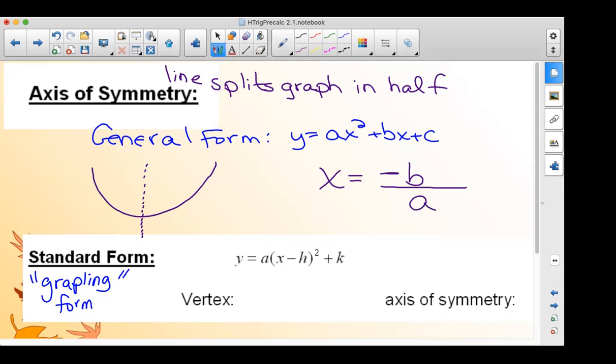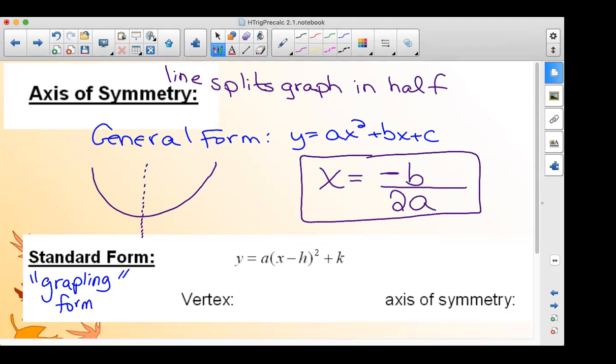There's something with that A. Yeah, there's a 2A with it. So negative B divided by 2A. So 2A on the bottom. That's the axis of symmetry. That's the line that cuts the graph in half.